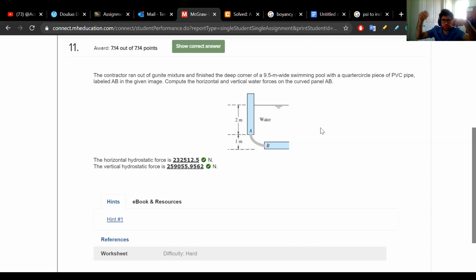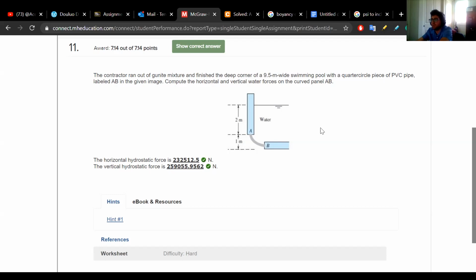You would move hCG, so you'd move 2 and 0.5, right? That's how you calculate, because the entire height is 3. And the curved PVC pipe is 1 meter, so you'll move just half a meter, so 2 plus 0.5, which is 2.5. I see. That's how I would do it.